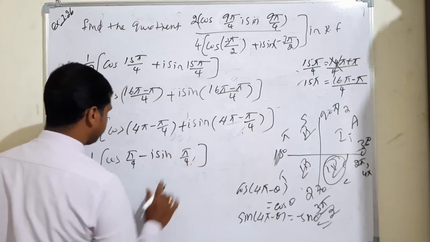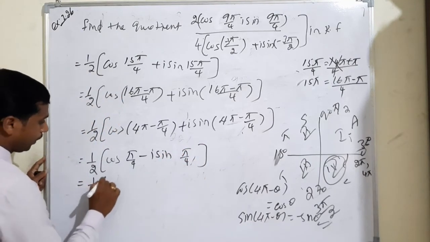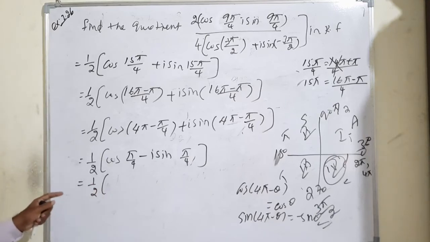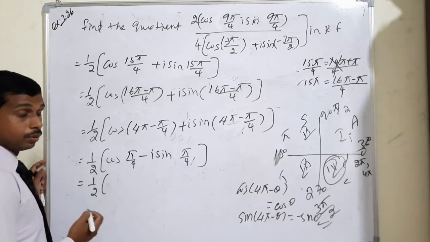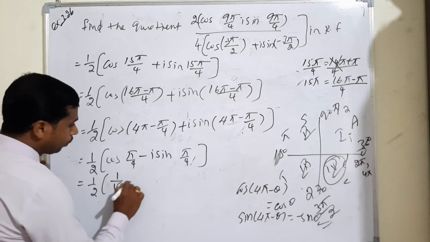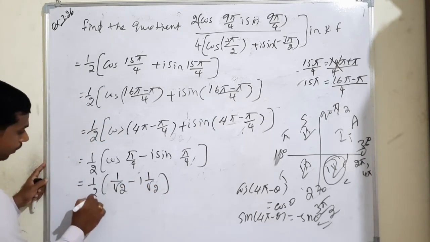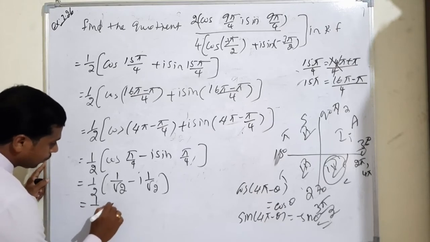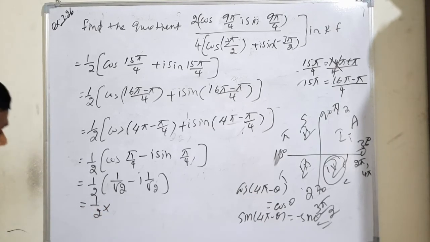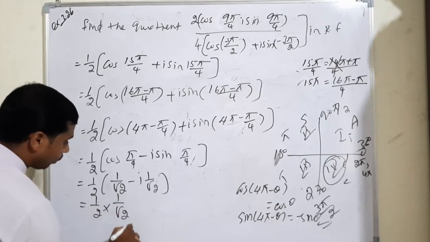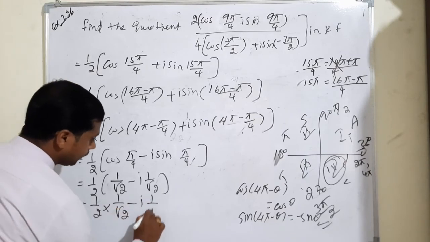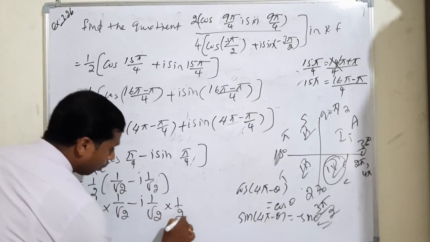So now 1 by 2 cos pi by 4, that is 45, so 1 by root 2, and sin 45 is also 1 by root 2. So 1 by root 2 minus i 1 by root 2. Again each and every time into 1 by 2, means 1 by 2 into 1 by root 2, then minus i into 1 by root 2 into 1 by 2.